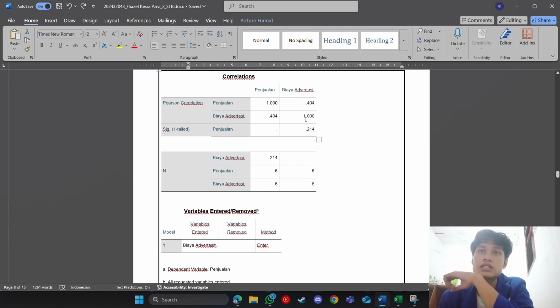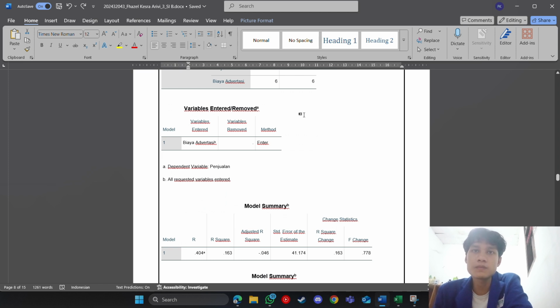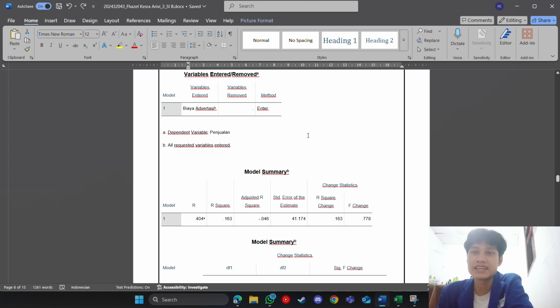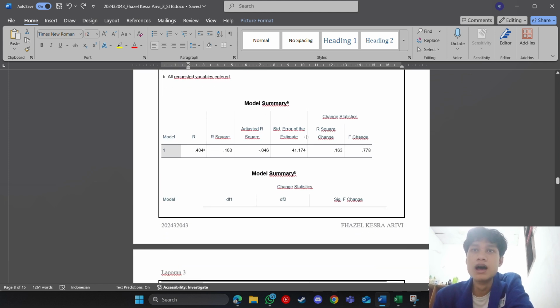So the correlation is just 0.404, which is nearly zero, right? So it tells us that the correlation is weak, but not that weak, because it's about half, in point four, you know.